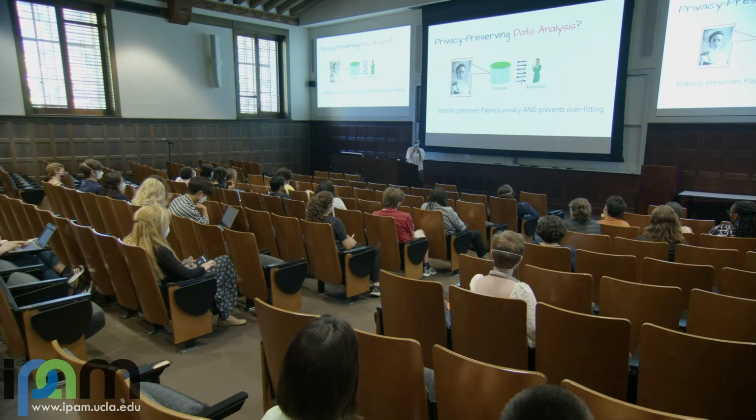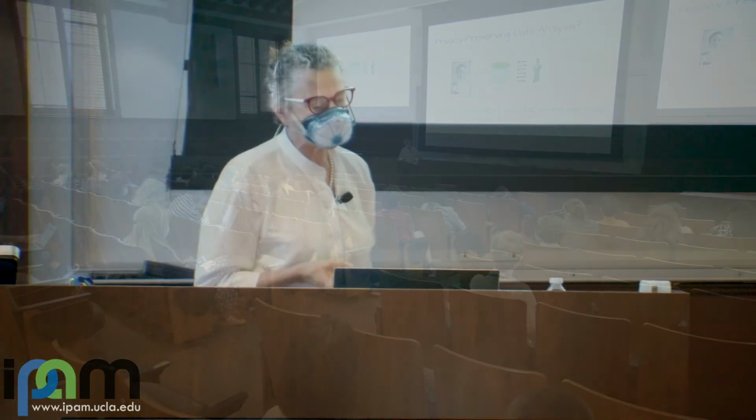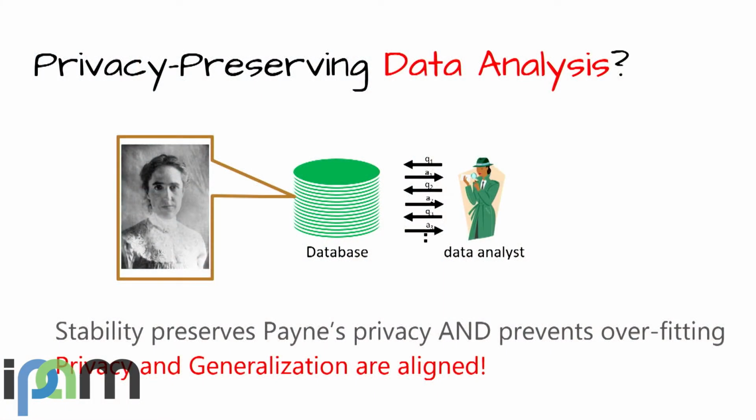So the business about being robust to small changes in the data set is called stability. Stability preserves privacy, as you will see, but it also prevents overfitting to your data. And so it turns out that privacy and generalizability are actually aligned. So while it is true often that you have a privacy utility trade-off, there's a limit to that. If you don't have the ability to have privacy, you won't be able to extrapolate.